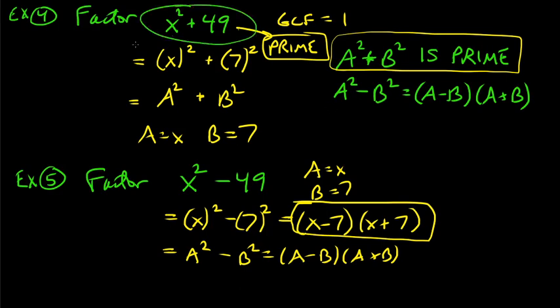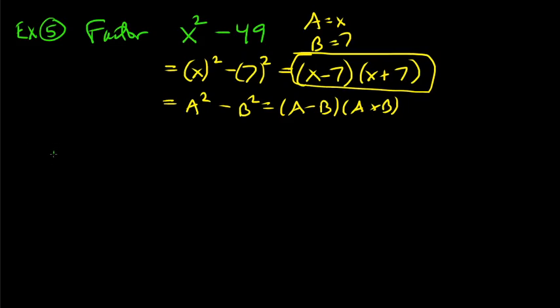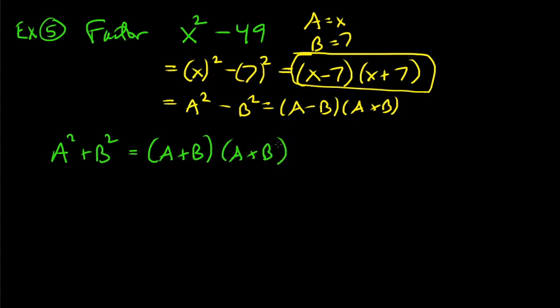But x squared plus 49 is prime. Right. And maybe you're thinking, are we sure it's prime? I mean, this a squared plus b squared, why isn't that just a plus b times a plus b? Well, let's check. Let's multiply this out, right?